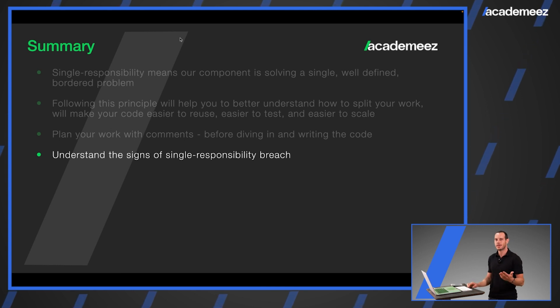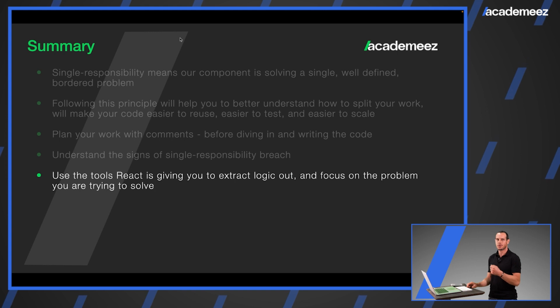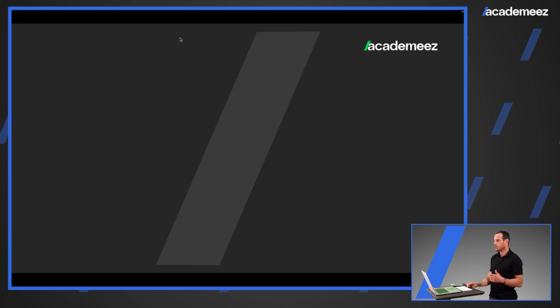Are you rendering different things in different cases? So notice those signs where you're breaking the single responsibility rules, and use the tools React is giving you to extract logic. If you want to focus on a single task, you might want to extract logic out of the component. Extract logic by using custom hooks, by using Suspense, by using error boundary, by splitting to smaller components.